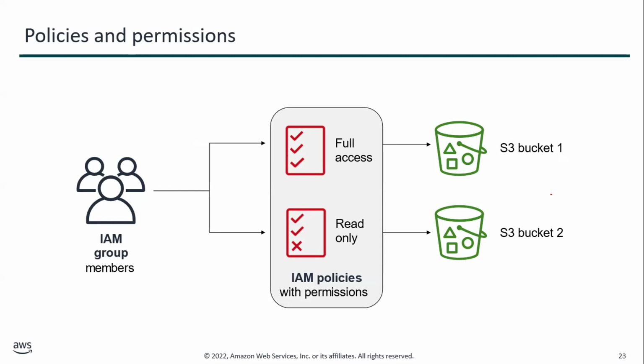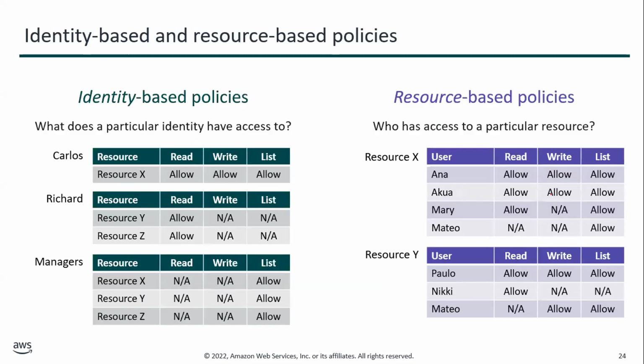We can get the object, we can read the object, but we cannot modify or make any changes or additions in that particular storage. Then we have these two types of policies. The best practice suggests that you should use these two kinds of policies. One is identity based, where you understand who the user is and what role is to be given to that user, and accordingly you set up the policy.